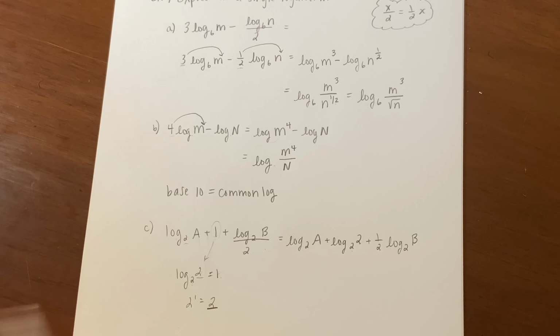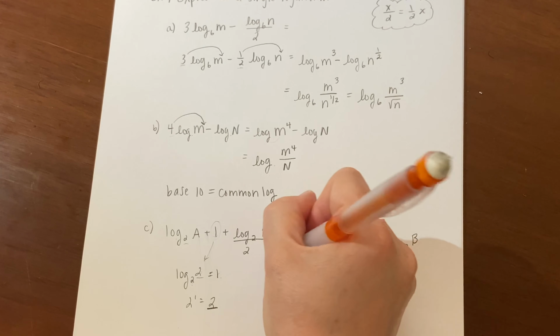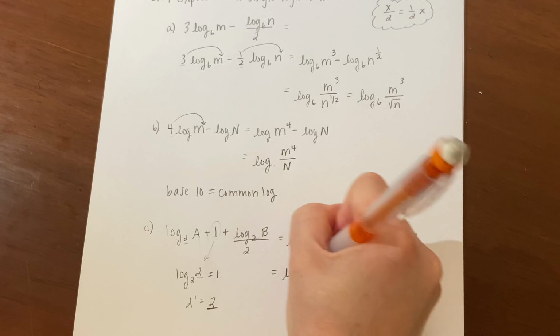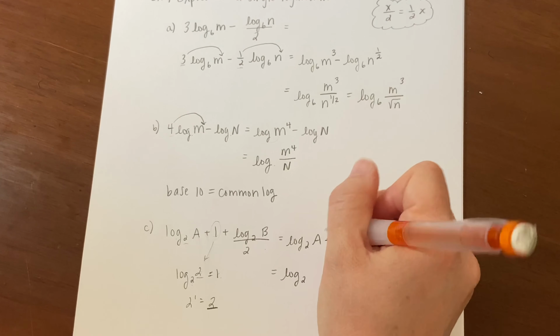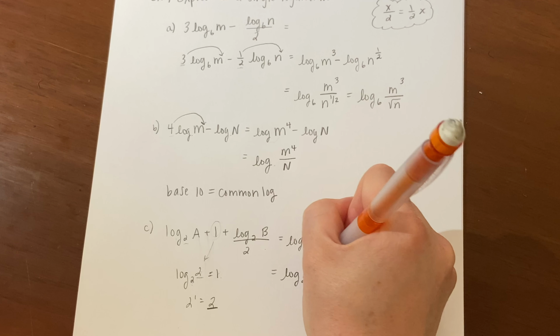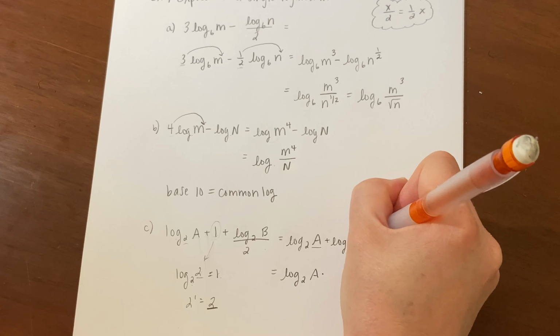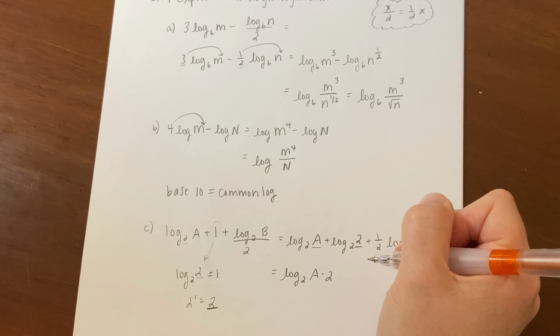So according to our laws for logarithms, if we want to condense multiple logs that are connected by addition, we're going to condense them into one log using multiplication. So I'm only going to write the log one time, and then I'm going to multiply all the parts. So I have a, and then I'm going to multiply that by 2.